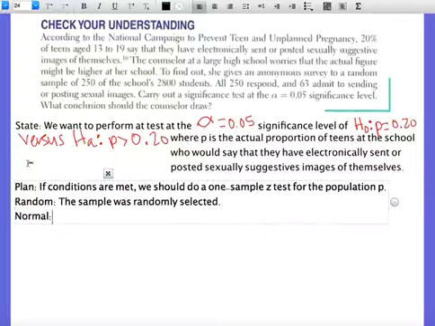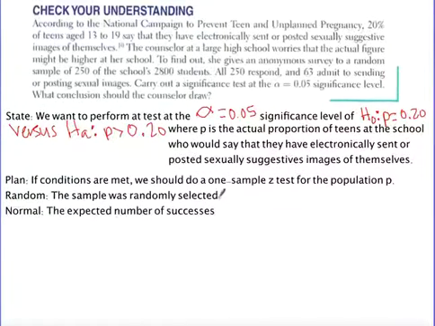The next thing we're going to do is look at normal. So we would say the expected number of successes, which would be n times p0, would be equal to 250 times 0.20.